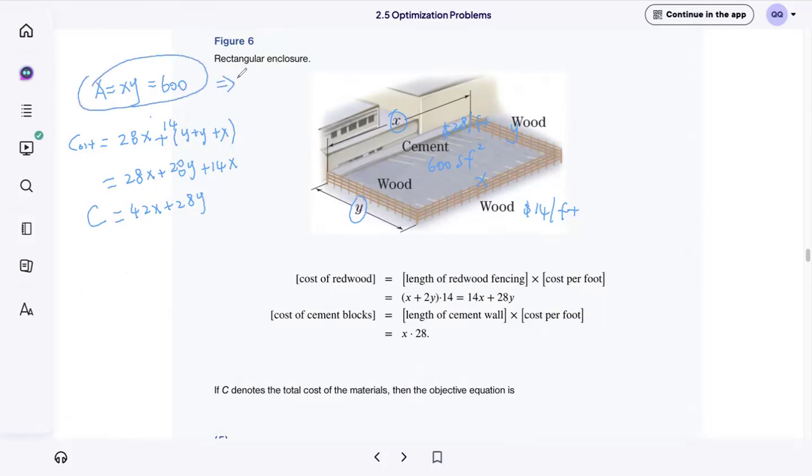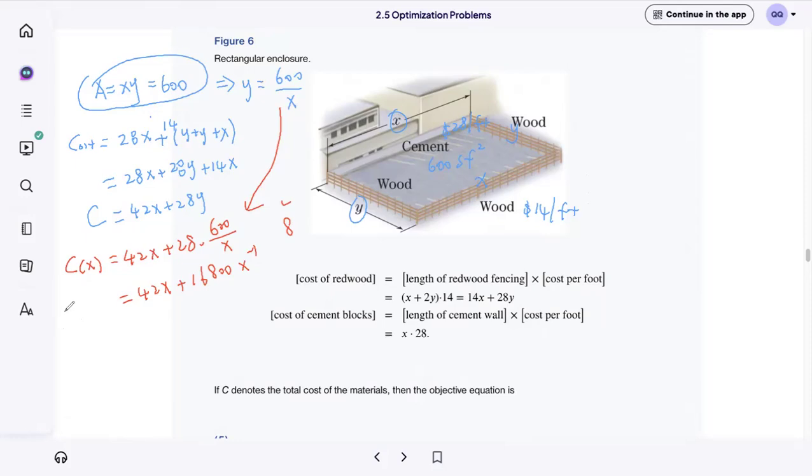We're going to rewrite Y by dividing by X on both sides: 600 divided by X. Then we can form a function in terms of X. So at 42X, then for the Y, we're going to substitute this value, 600 divided by X. So which is 42X plus 28 times 600, 16800, X raised to the -1.